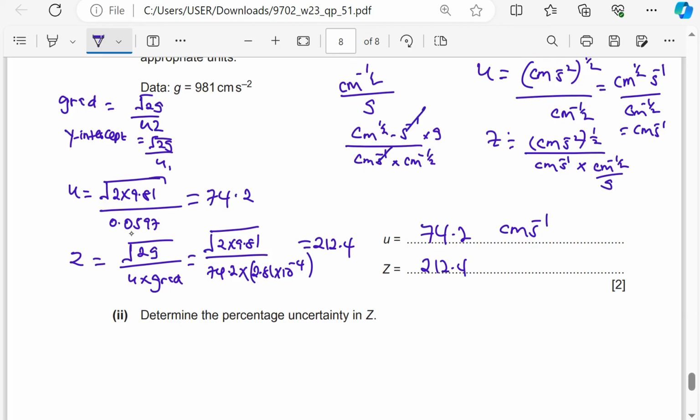So per second has cancelled. Centimeters has cancelled because when this goes up, it becomes centimeters over centimeters. So z is just going to be grams. I remain with the grams because all these others cancel out.